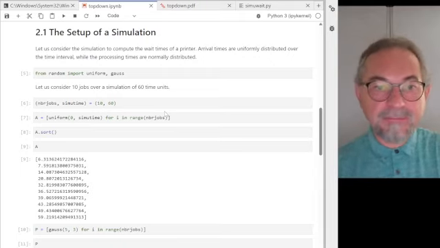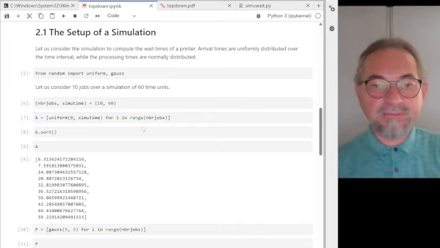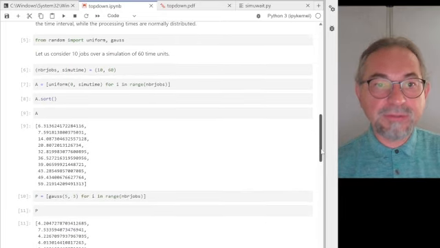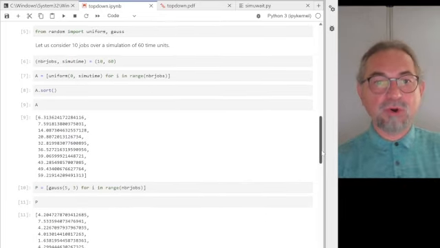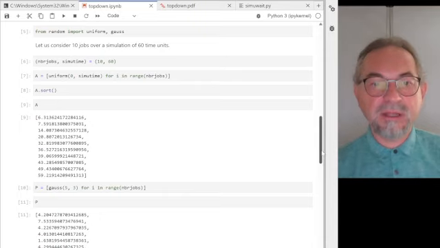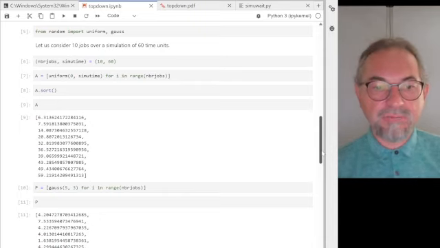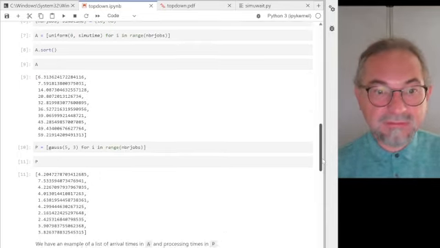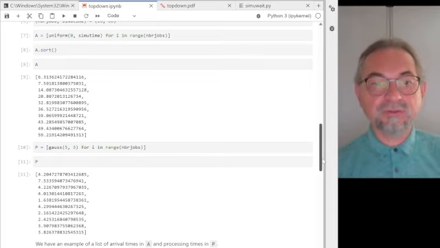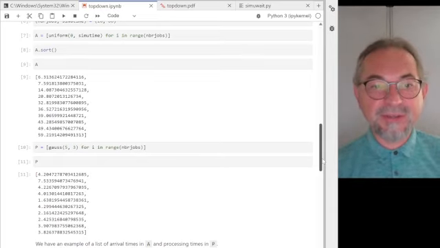You see the arrival times, and then we have the processing time. So the normal distribution in the random module is available in the function gauss. Here I felt 5 was good, 3 for the standard deviation.